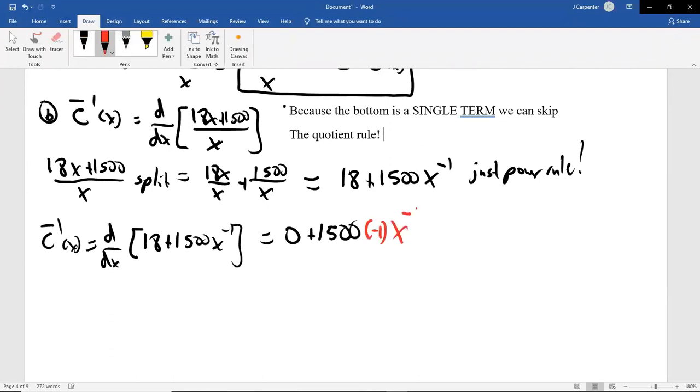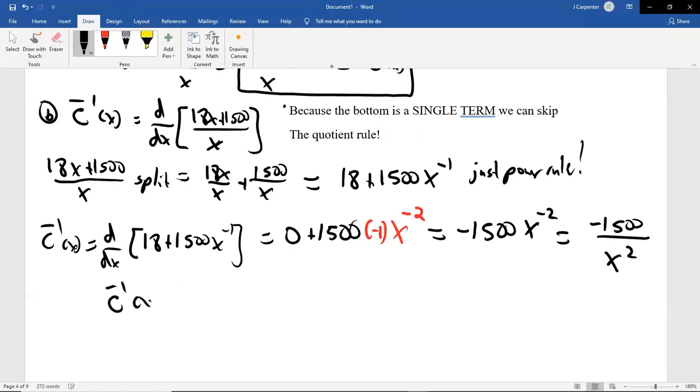Negative 1 minus 1 is negative 2, not 0. Well, we don't need to write the 0 plus. The negative 1 times the 1,500 is negative 1,500. So that's negative 1,500 times x to the negative 2nd, but we generally don't like negative exponents in the answers, so that's negative 1500 over x to the positive 2. So the marginal average cost is negative 1500 over x squared.